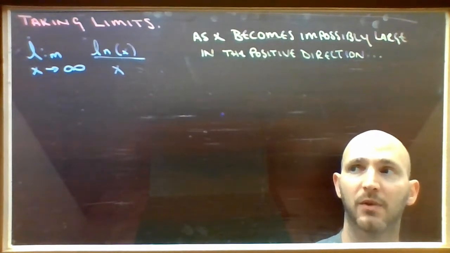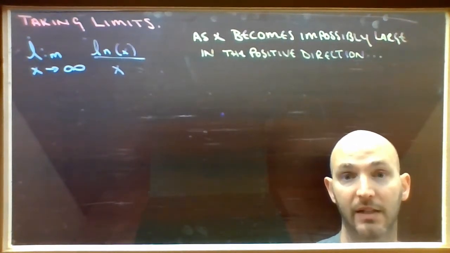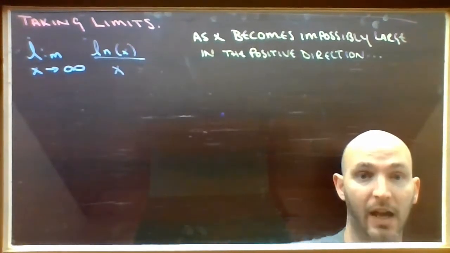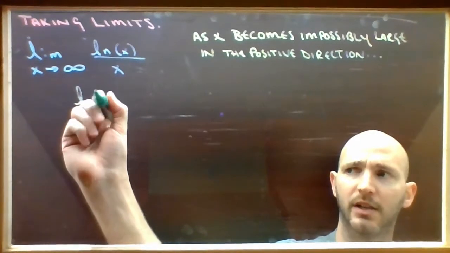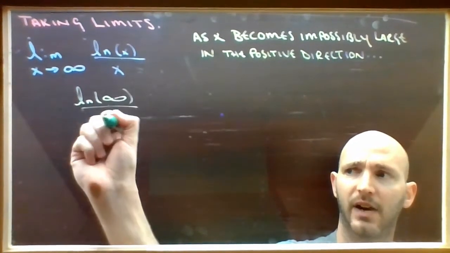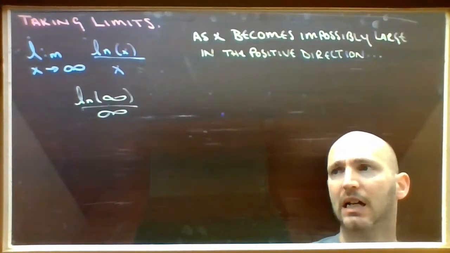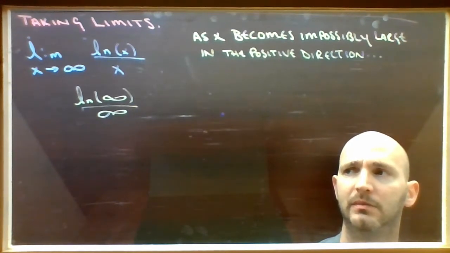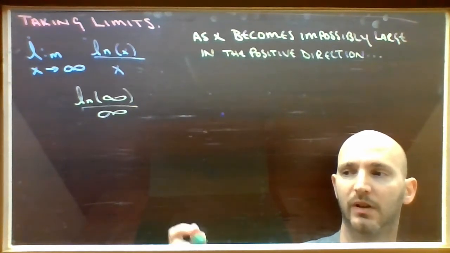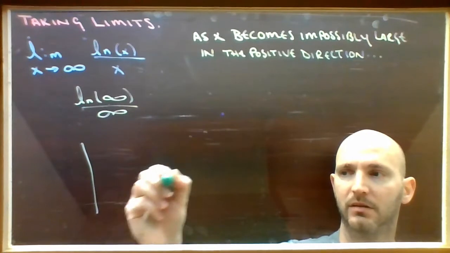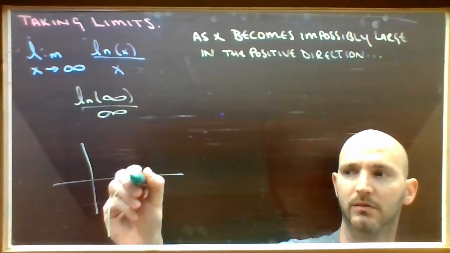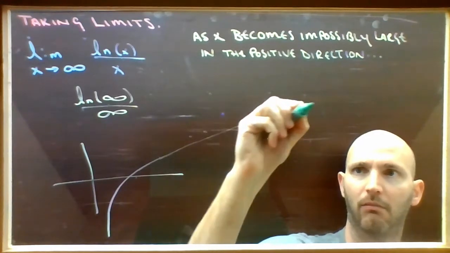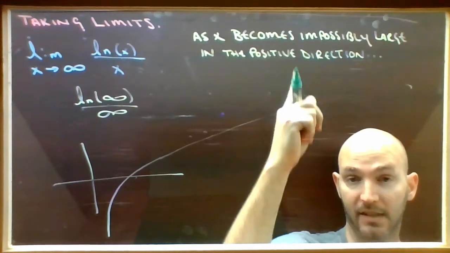So method number 1 would be to plug this value in for x. If I tried that, I'd do ln of infinity divided by infinity. Okay, so I don't know if you remember ln, but ln does this, and this goes forever.